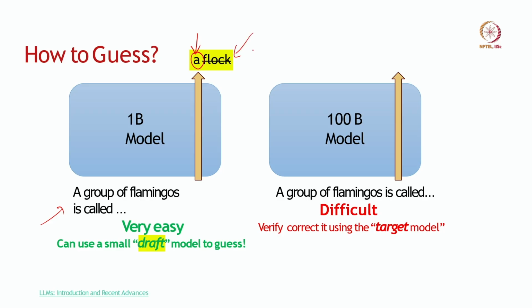Usually the group of swans is called a flock, but the group of flamingos is called a "flamboyance," which is a difficult thing to guess. You need to know much more English, you need to know the context, right. So, to generate this word "a," we can use a small draft model, but to generate the word "flamboyance" you need to use the target model, the large model, right.